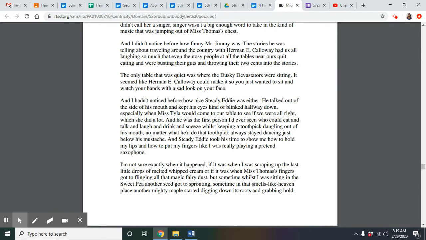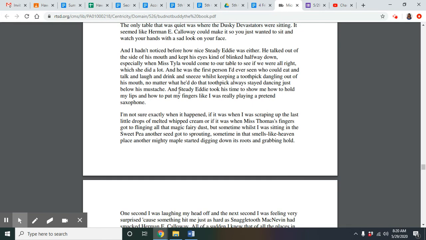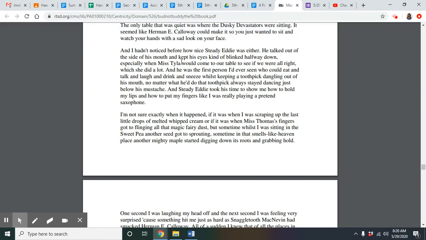The only table that was quiet was where the dusky devastators were sitting. It seemed like Hermione Calloway could make it so you just wanted to sit and wash your hands with a sad look on your face. And I hadn't noticed before how nice Steady Eddie was either. He talked out of the side of his mouth and kept his eyes kind of blinked halfway down, especially when Miss Tyler would come to our table to see if we were all right, which she did a lot.